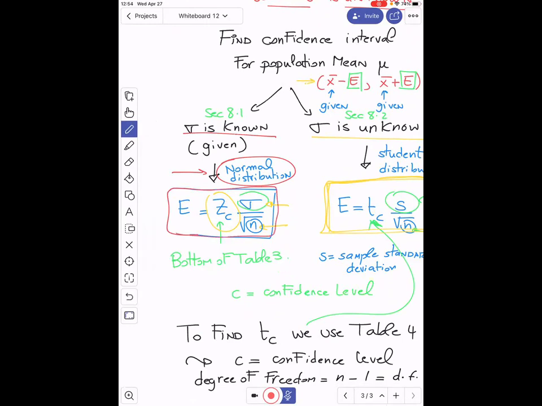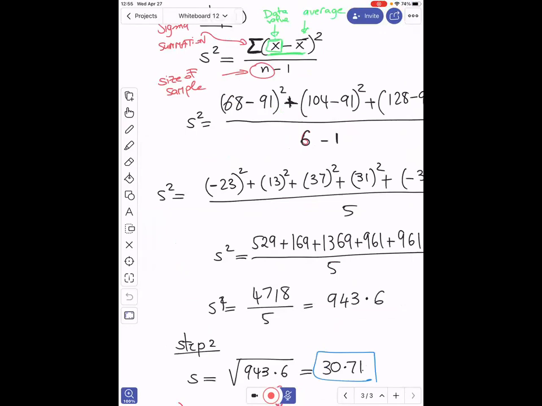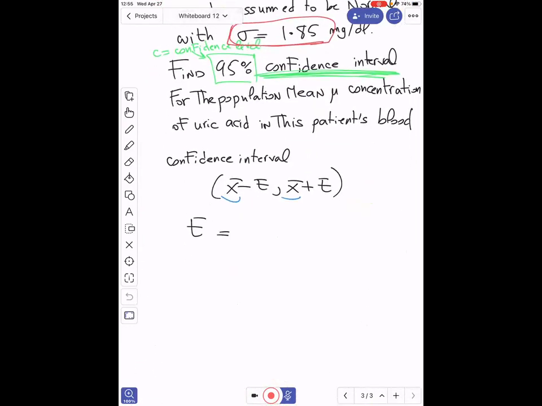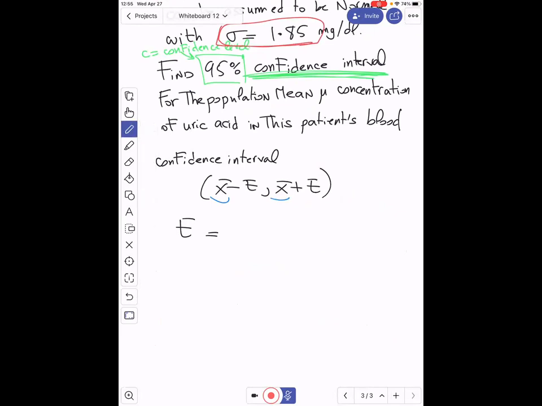It's Z subscript C times sigma, because sigma is known, over square root of n. So here our E would be Z subscript C times sigma over square root of n.